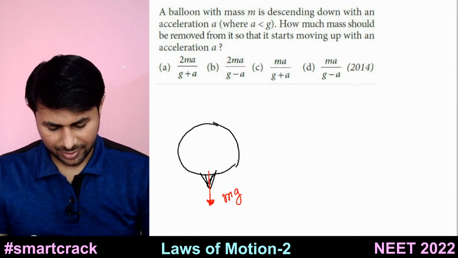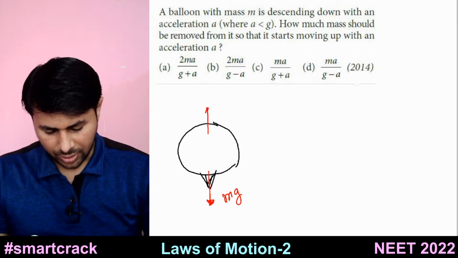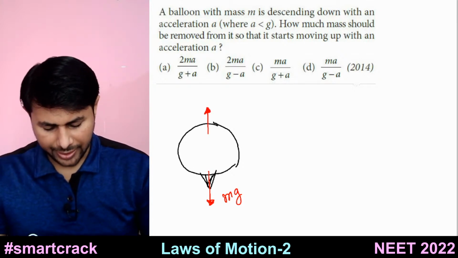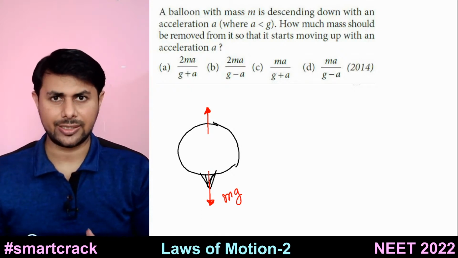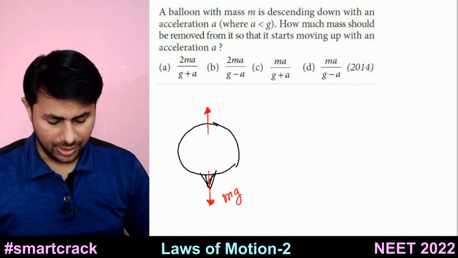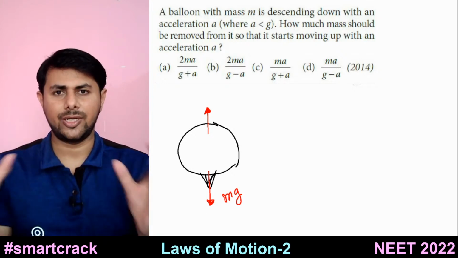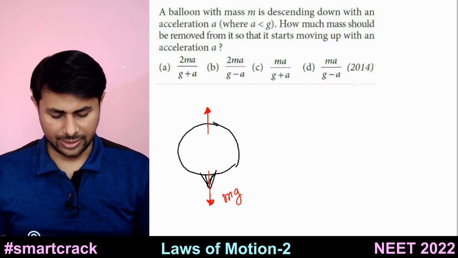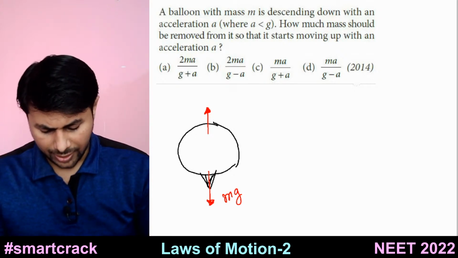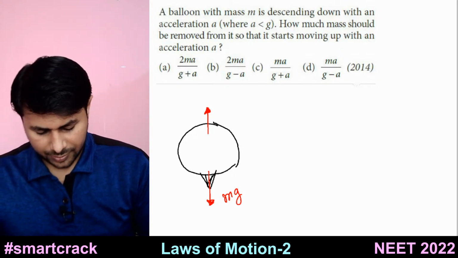Normally, if there was no air, the acceleration would be g, which we take in the normal cases. But here it's a balloon, so it will experience some upthrust due to the air, and that is considerable. Let's denote that upthrust as the force due to air.